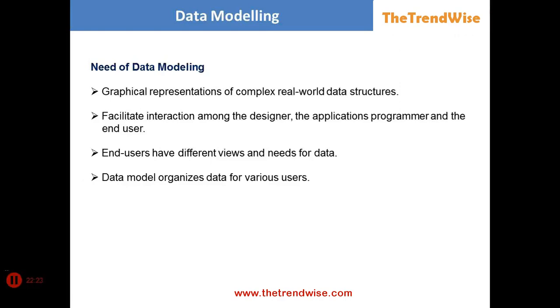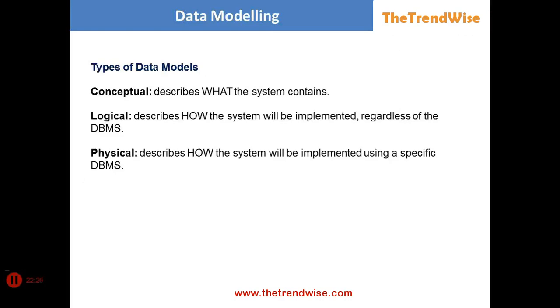Right, we have already seen the need of data modeling. We don't have to go back here. We can go further now about the types of data models. So now we try to understand on a very high level the need of a data model. Further, if we try to divide a data model, what we find is that in any given organization, when the need of data modeling arises, first of all, the data model is made on a very high level.